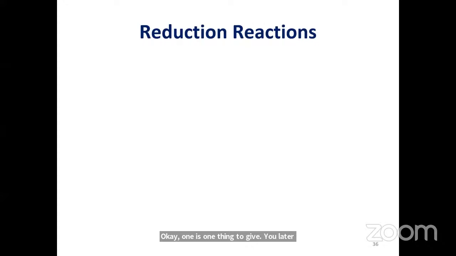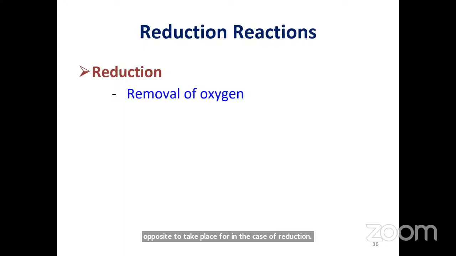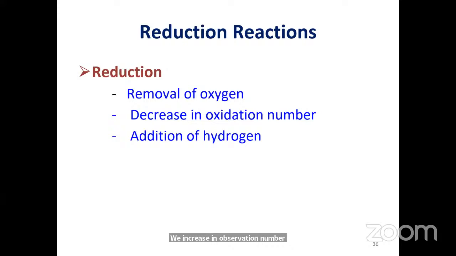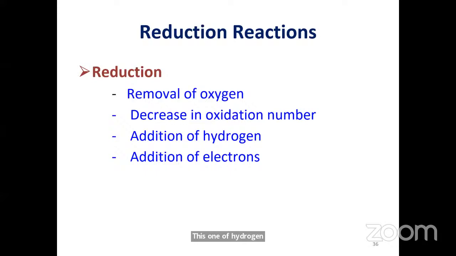So in a reduction, we have removal of oxygen, decrease in oxidation number, addition of hydrogen, and addition of electron, or we say electron gain. In oxidation, it is electron loss or loss of electron. In reduction, it is addition of electron or electron gain.